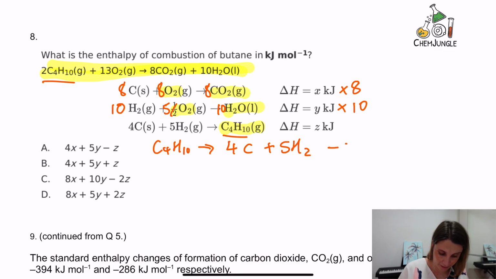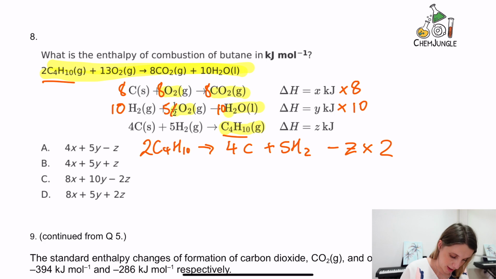And this is now kind of minus Z overall. And I can also see, compared to the one at the top, that this is 2 butanes overall. So I'm going to need to times this by 2. That gives me 2 of this, and then that will give me 8 of the carbons, and that will give me 10 of the hydrogens.